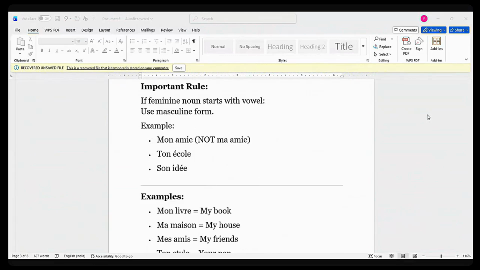This is the rule in the possessive adjective. Okay, now, so mon ami, not ma ami. Use here mon ami. Next one, ton école, son idée, his idea, or her idea, you can also say. So for nouns starting with a vowel and feminine, we use the structure of mon, ton, son, this type.